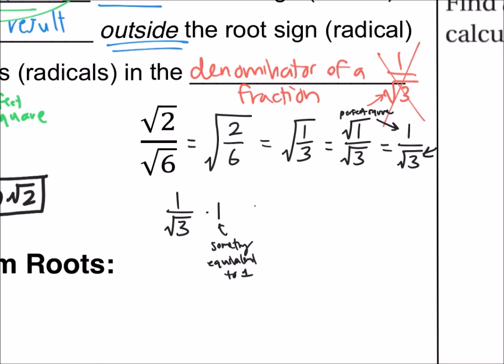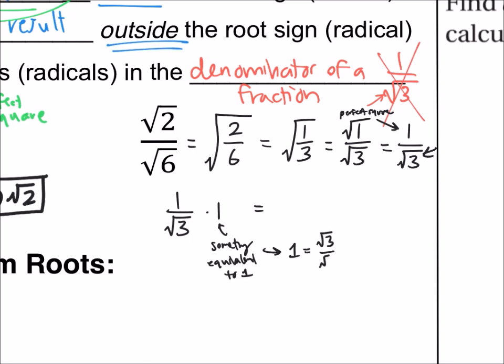A number that can make a radical go away is that radical again. Remember, the opposite of a square root is squaring something, so if you multiply something by itself, that would make that radical disappear.